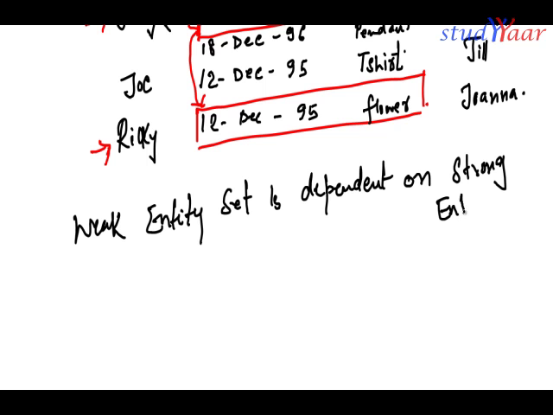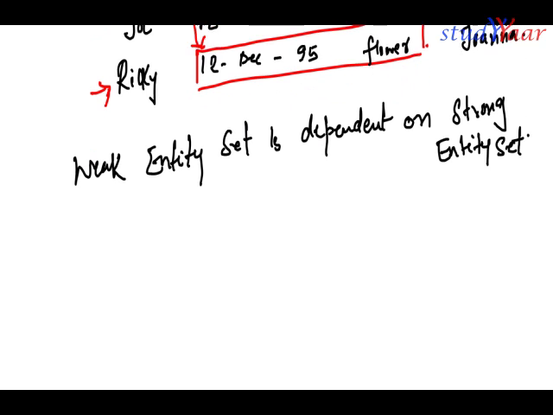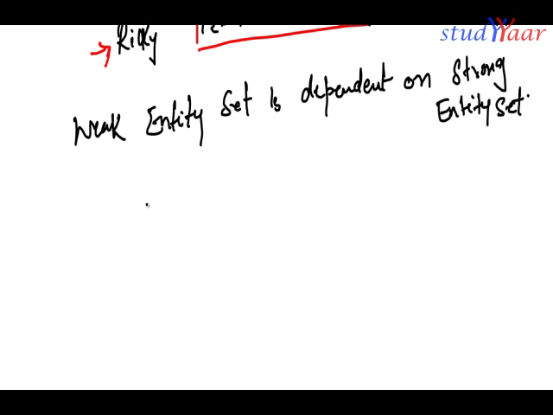Strong entity set is the one which has a key, and the strong entity set is called an identifying entity set.